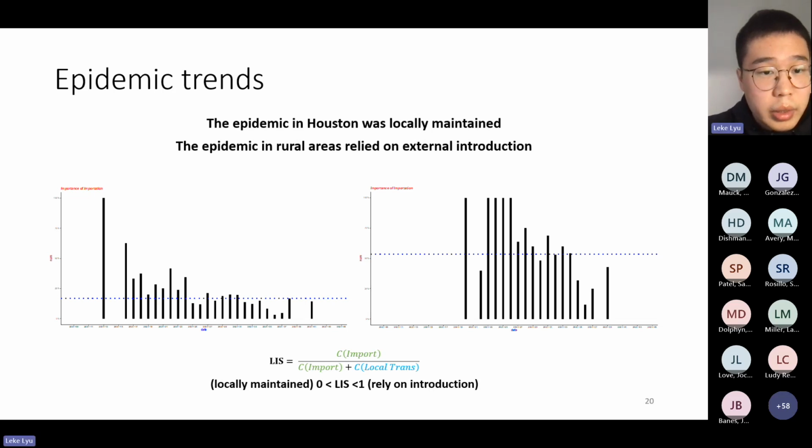Here, we calculated the weekly local importation score. We found that the epidemic in Houston was locally maintained, but the epidemic in rural regions relied on external introduction, because in the rural region this score shows really high.